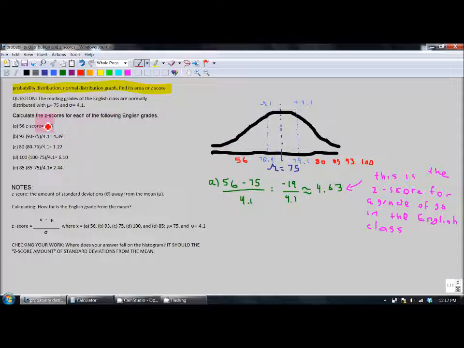You have 4.63 here. And then for 80, we're going to have 1.22.